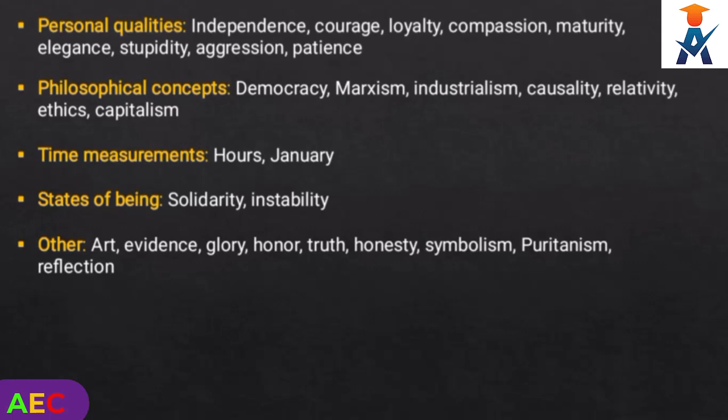We also use abstract nouns to express philosophical concepts and ideas. For example, democracy is an idea. Marxism, industrialism, causality, relativity, ethics, and capitalism are philosophical concepts or ideas. And time measurements, hours, January, and others also. We use abstract nouns to express states of being, solidarity, instability.